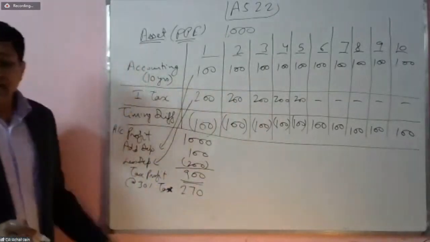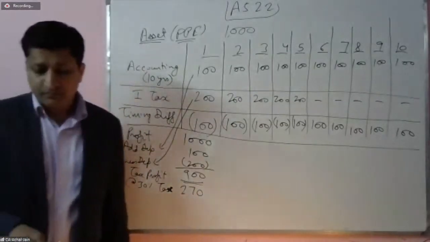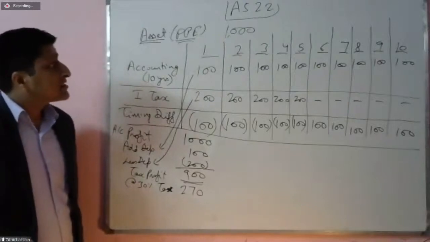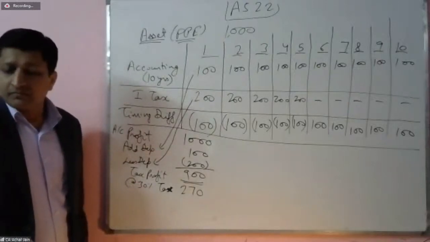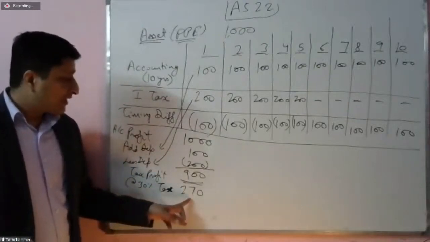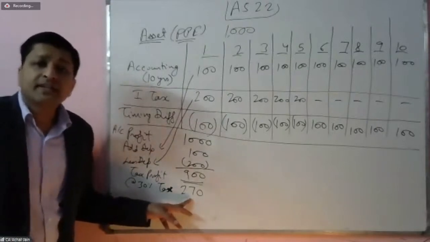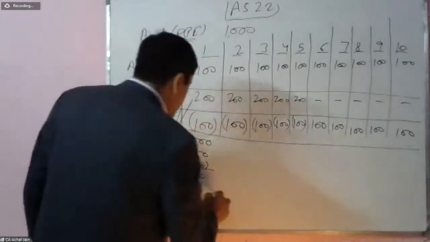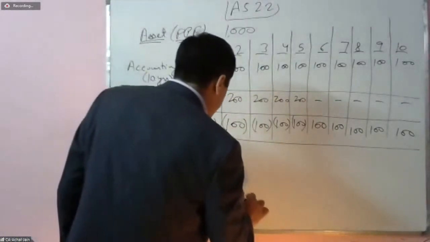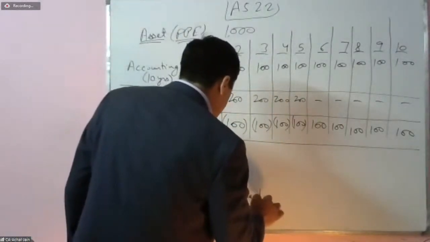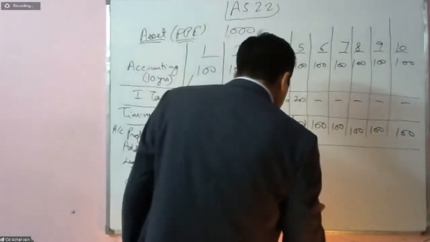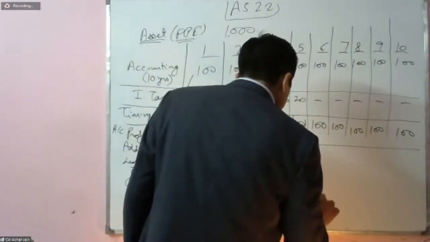Now we understand this 270 is only the current year's tax expense.